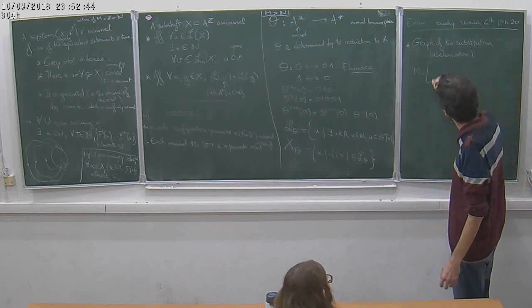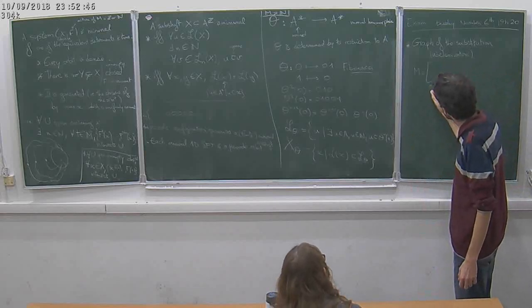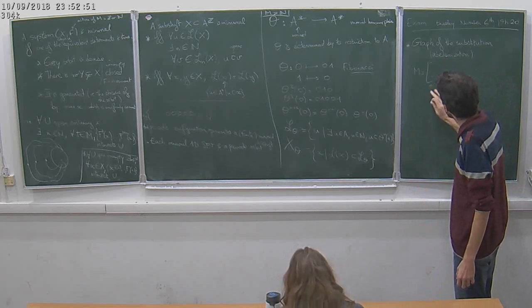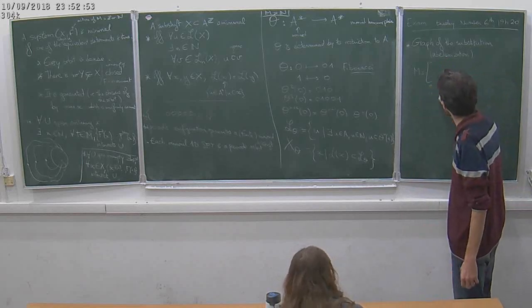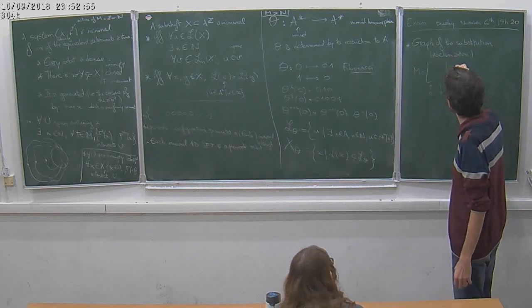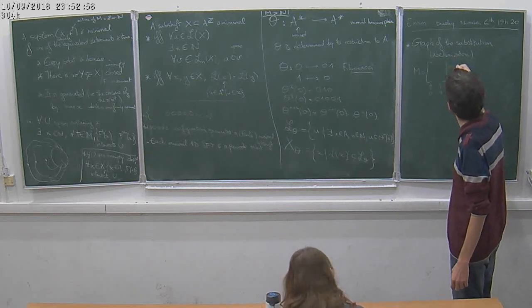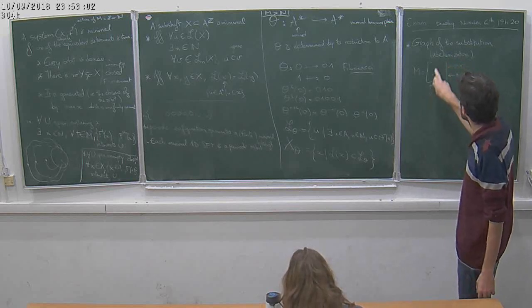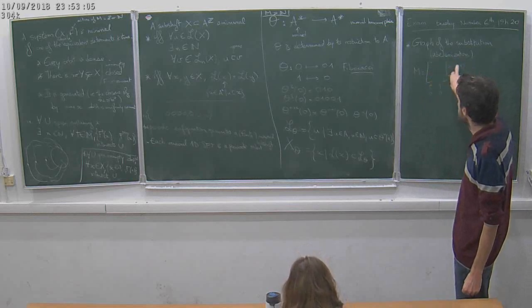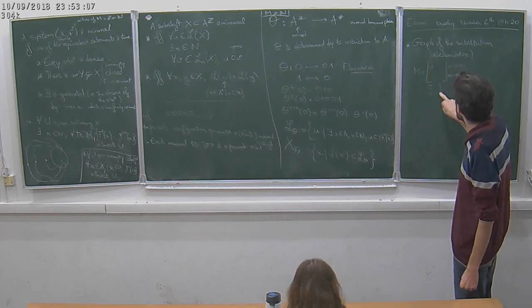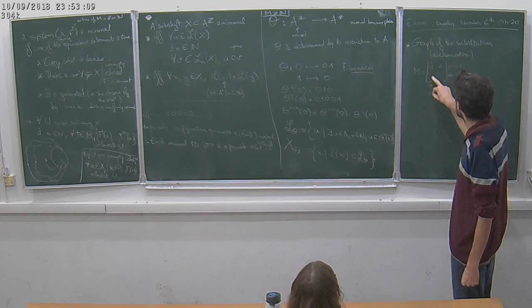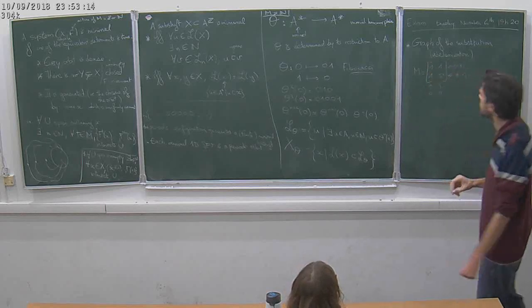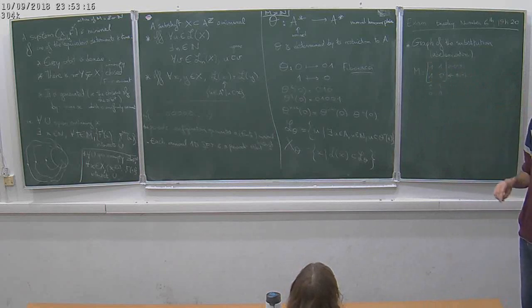Because here, this is letter A. Okay, let's have the example here. 0, 1, which appear in the image of theta of 0, theta of 1. So how many zeros in theta of 0? 1. How many ones in theta of 0? 1. How many zeros in theta of 1? 1. How many ones in theta of 1? 0.